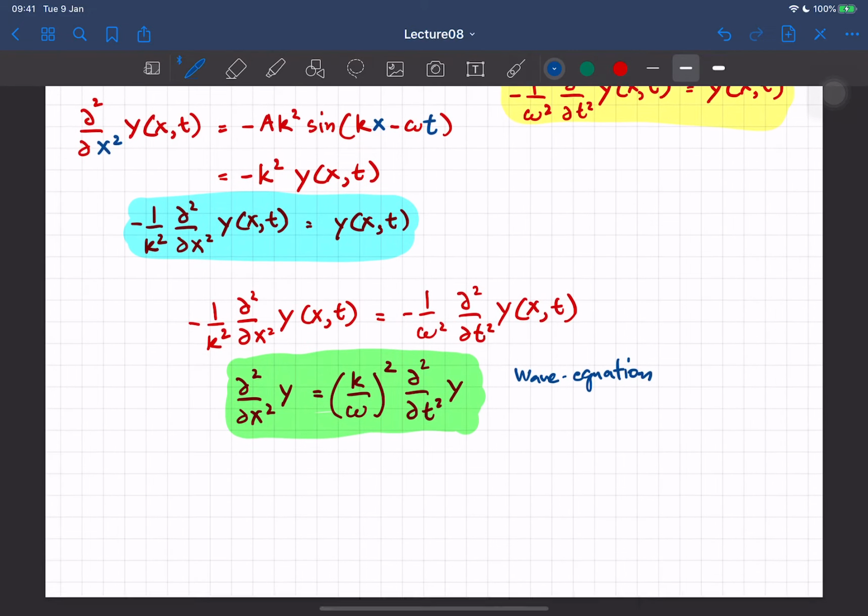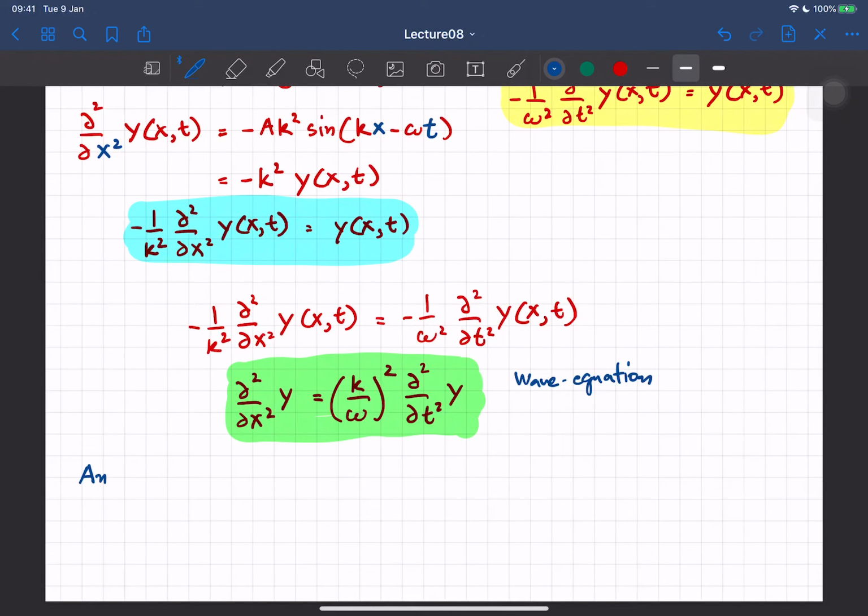So that means any function of x and t that we call y, any y(x,t) that satisfies this equation, is a valid wave.